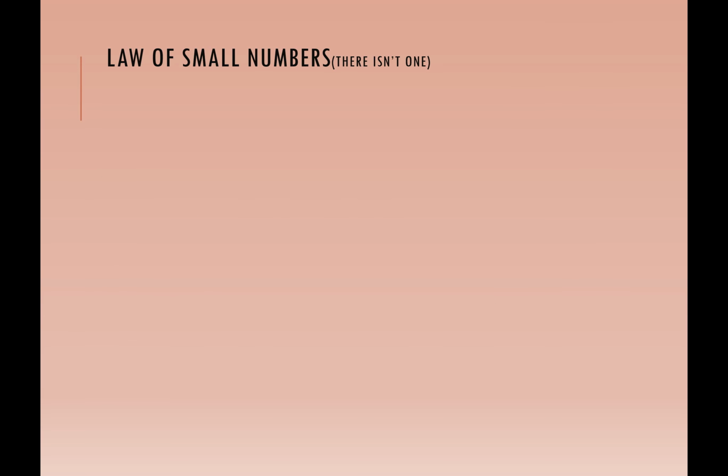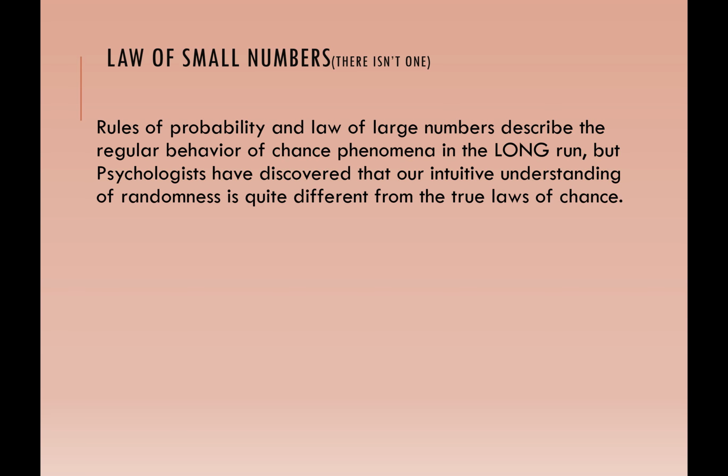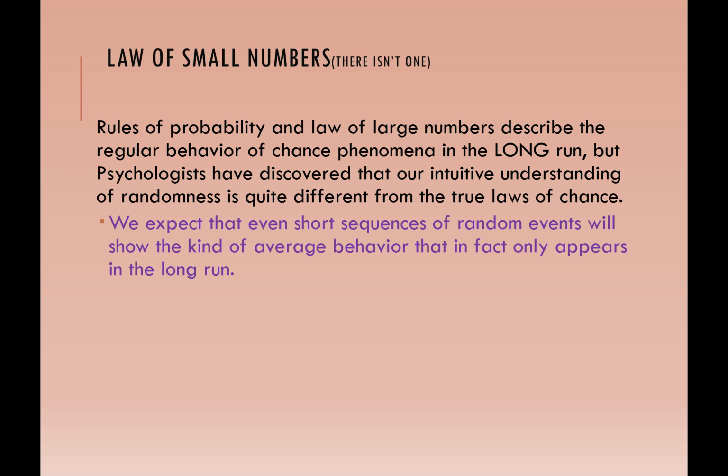Now, law of small numbers, there isn't one, but people think they're using the law of large numbers when they're usually actually using small numbers. The most common one of this is in sporting events where sportscasters say, well, he's due for a home run because 1 out of 20 at bats, he gets a home run, and it's his 25th at bat.